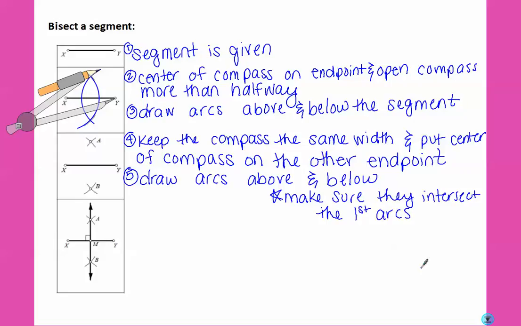So when you draw them, make sure they intersect the first ones, like you see with A and B there.